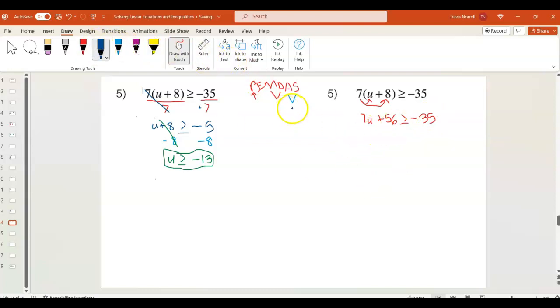Now we can see that we would deal with addition, the adding 56, by subtracting 56 from both sides. 56 minus 56 is 0, leaving me 7u is greater than or equal to negative 35 minus 56.